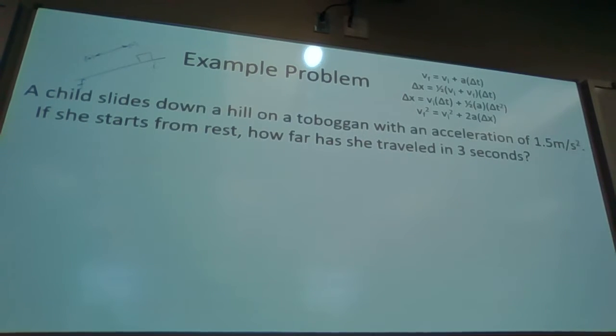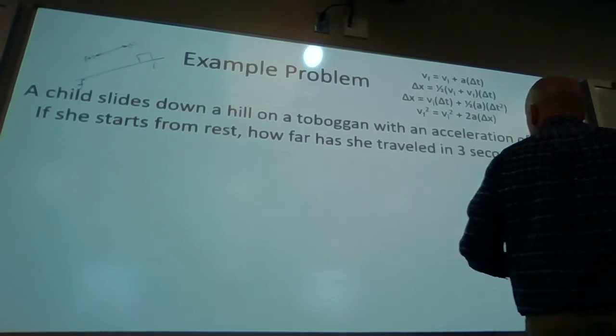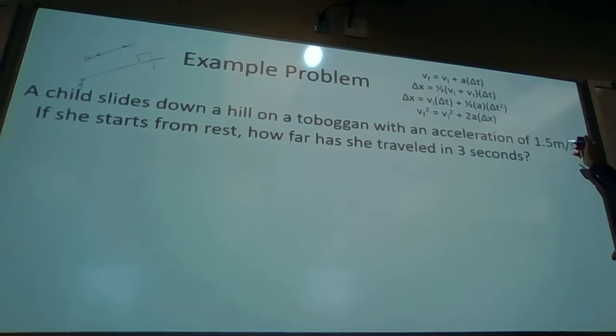Making the association between the unit and the variable they represent, these are like your name tags for those variables. So you go down: meters per second squared, that's acceleration.